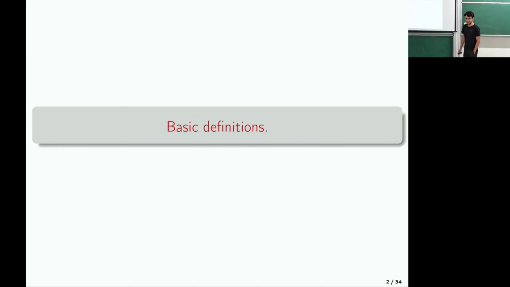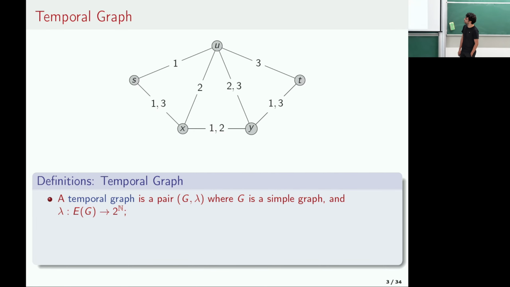Starting with some basic definitions: what is a temporal graph? There are many ways and many names for this, but the definition I'm going to work with most is this one. It's just a pair G and lambda, where G is a simple graph, in this case undirected, and for each edge I assign a set of integers.